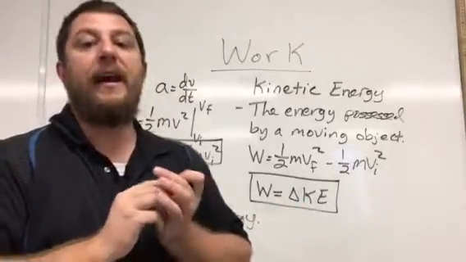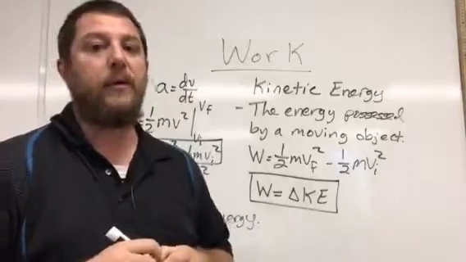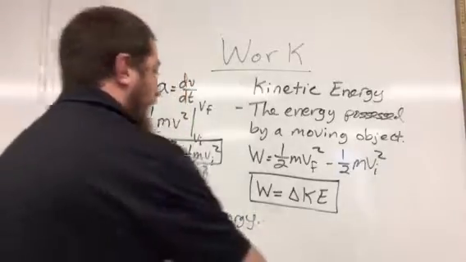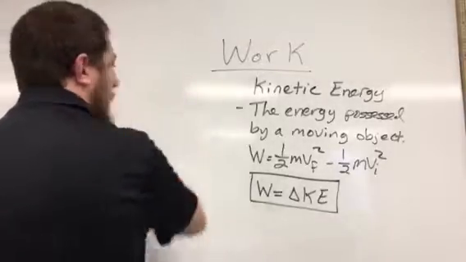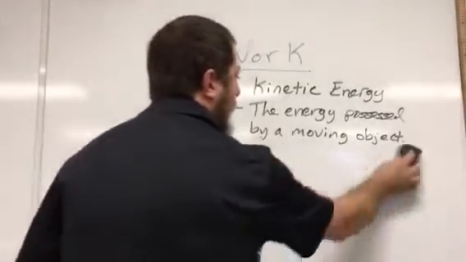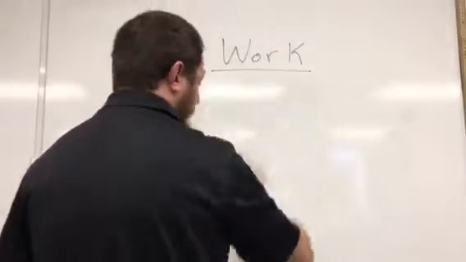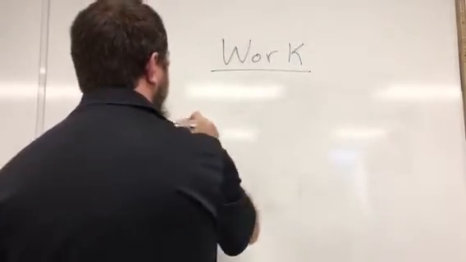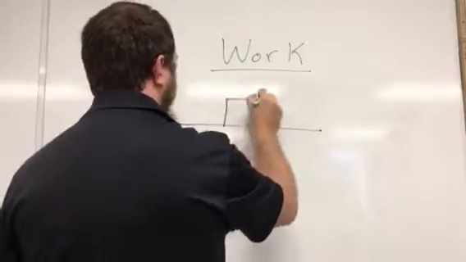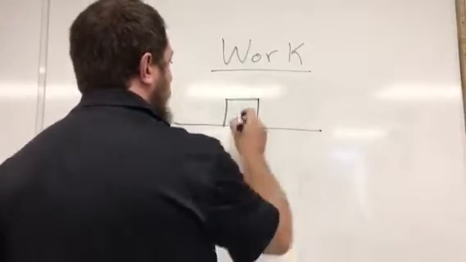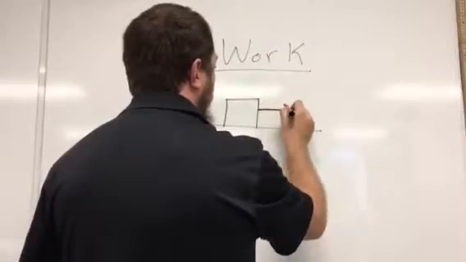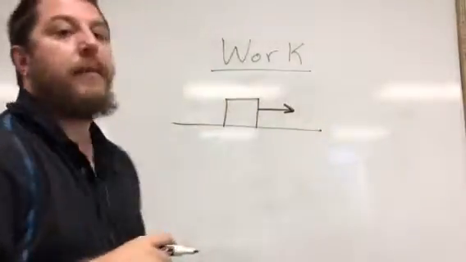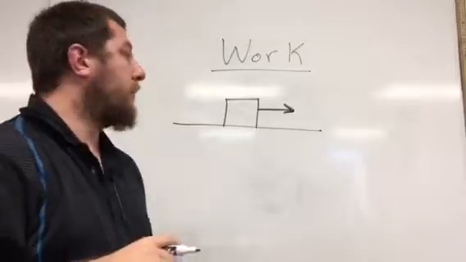So as a specific example, let's just look at a one-dimensional case here. And first things first, let's just look at an object being pulled by a string on a one-dimensional surface.